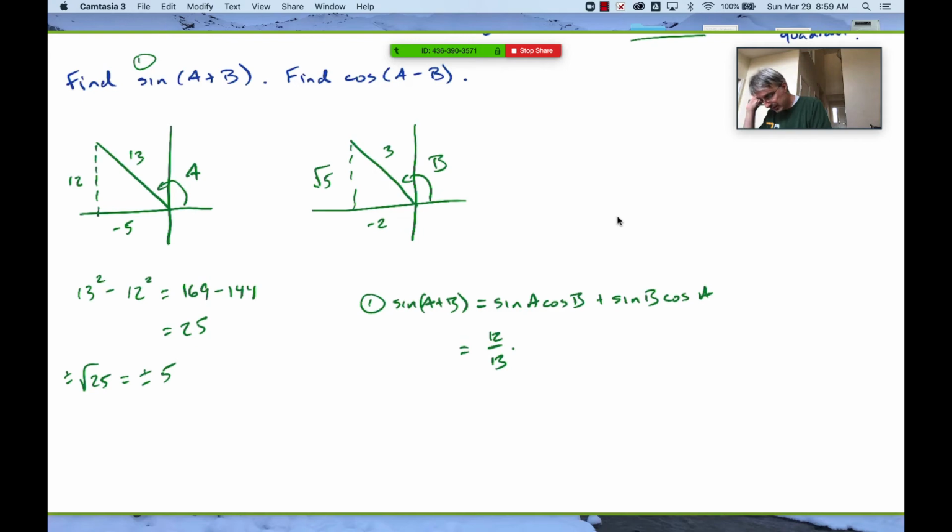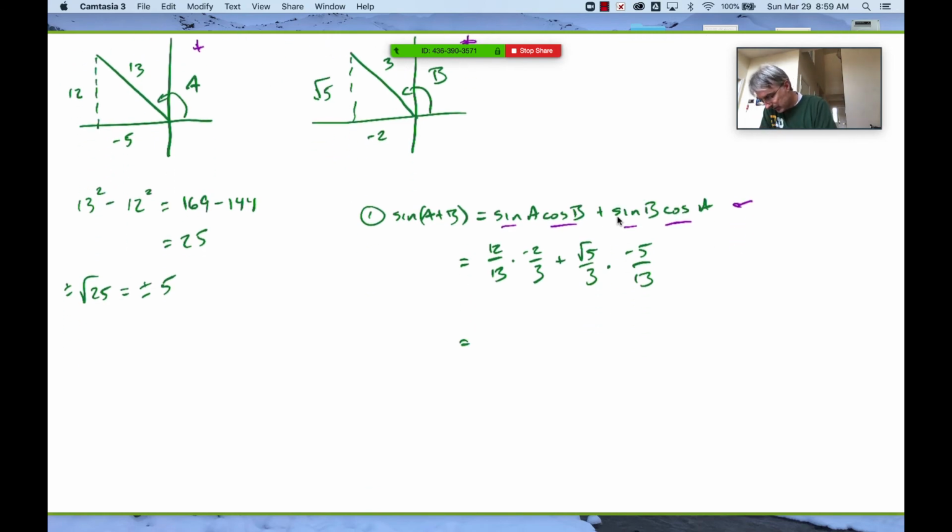Cosine B is negative 2 over 3. Plus sine B is root 5 over 3. And then cosine A is negative 5 over 13. And so for each of these four values that I need, 1, 2, 3, 4, I'm just looking at the appropriate picture and using my SOHCAHTOA definitions. And then I'll simplify.